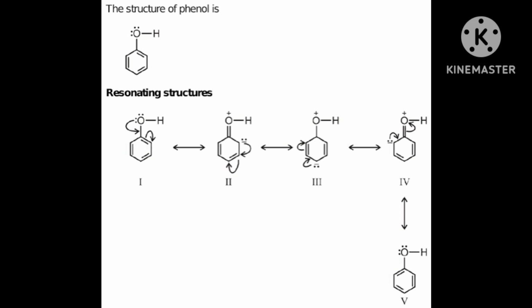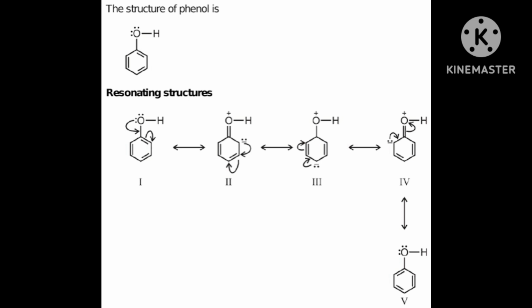At oxygen, electron density will be less, and it will not be able to donate the electron to H. Hence H will go outside. It will lose the H, the loss of hydrogen, loss of proton. That is the sign of acidic property. Correct?